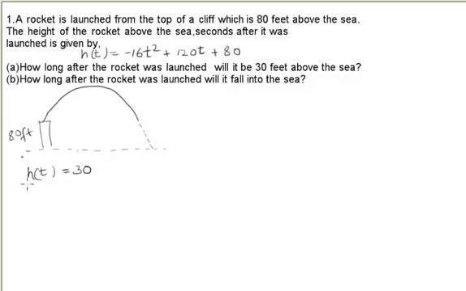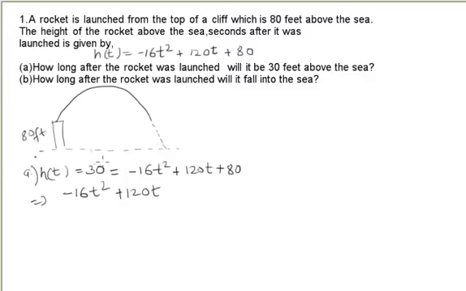For the a part, h(t) is given as 30 feet, and the same h(t) is given by the formula minus 16t square plus 120t plus 80. The constants 30 and 80 can be operated together, so this gets converted to minus 16t square plus 120t.